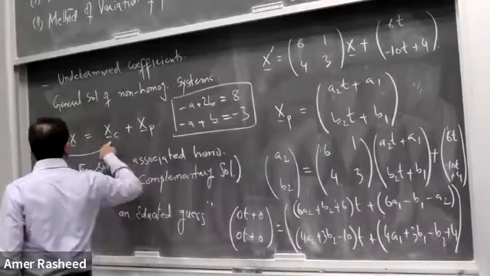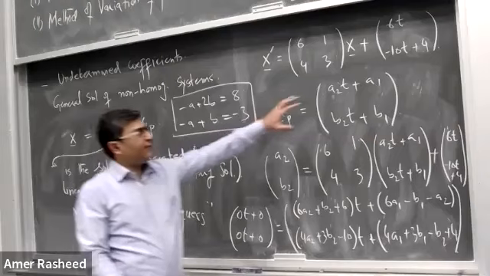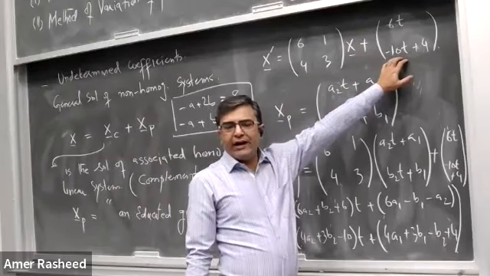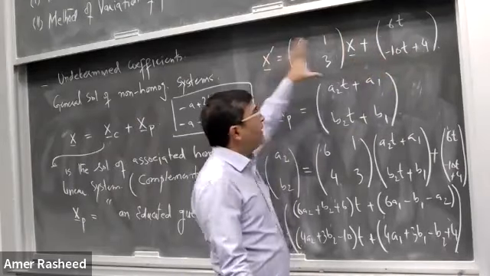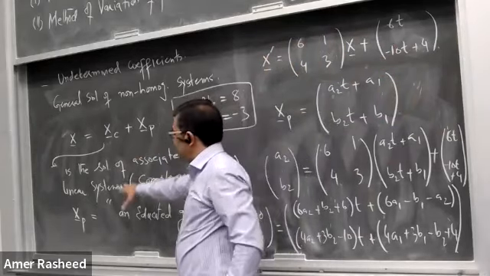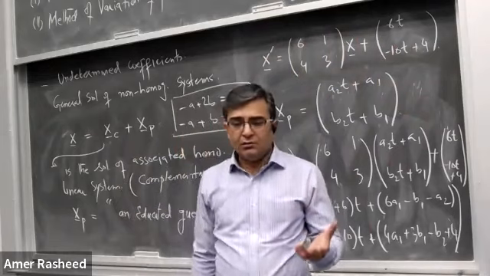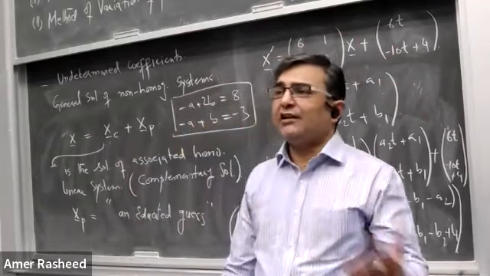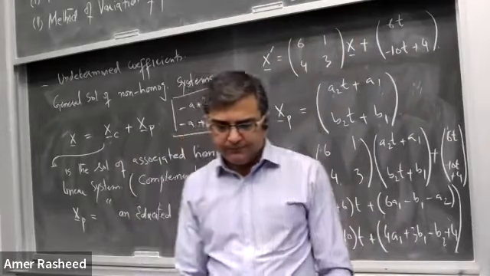In order to find xc, we are going to ignore this term. We'll write the corresponding homogeneous linear system, and then we'll find the complementary solution for that homogeneous linear system by finding the eigenvalues, eigenvectors, and so on.